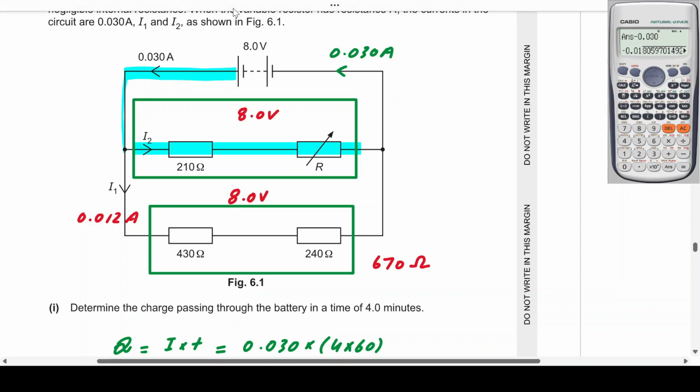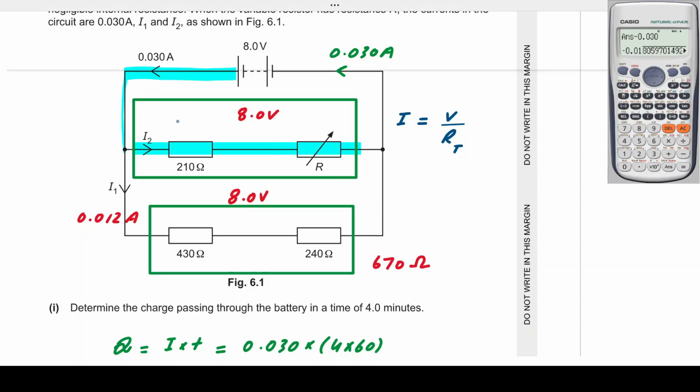If I write down the equation of current for this one, the total current entering this branch equals the total voltage across these two divided by the total resistance of these two. I'm only looking at this part in the middle, the first branch.